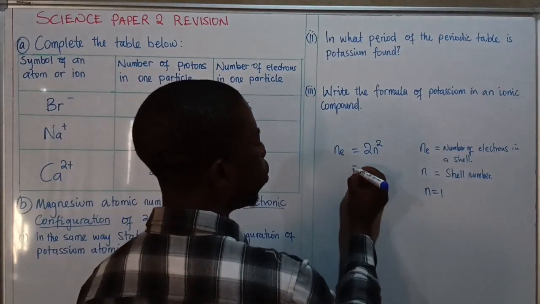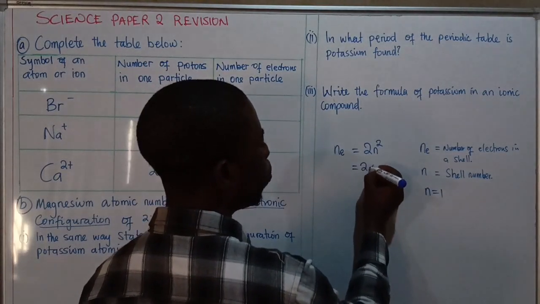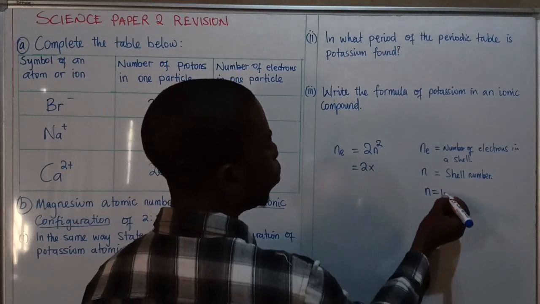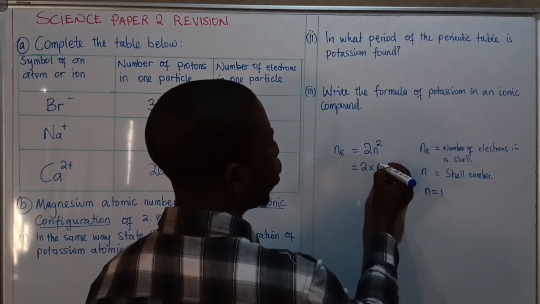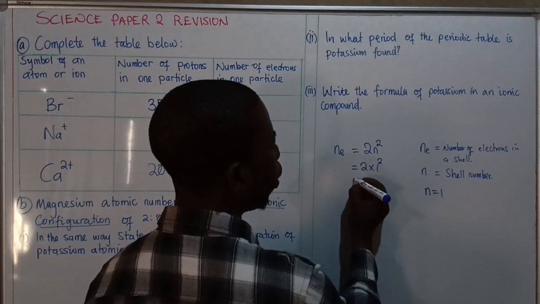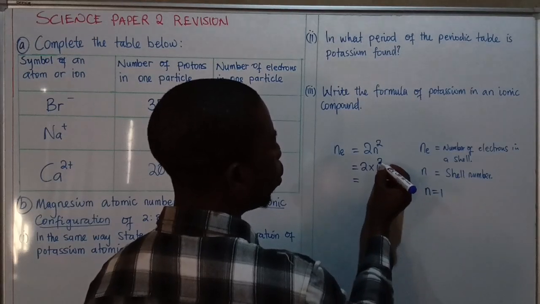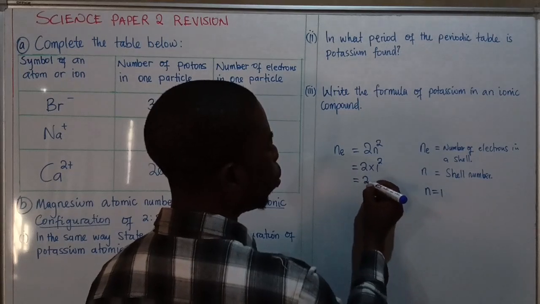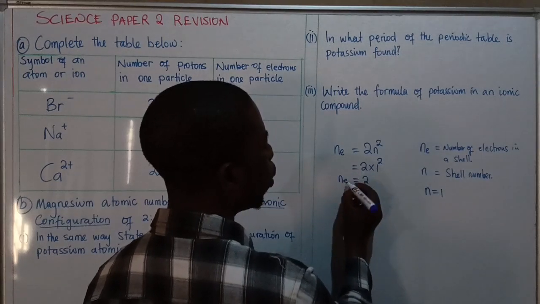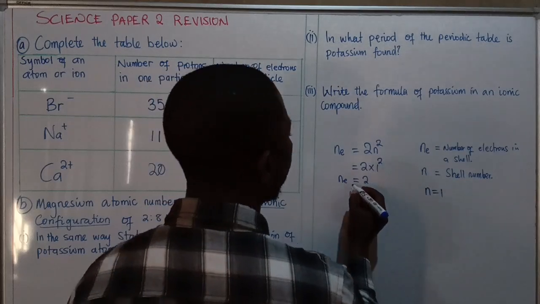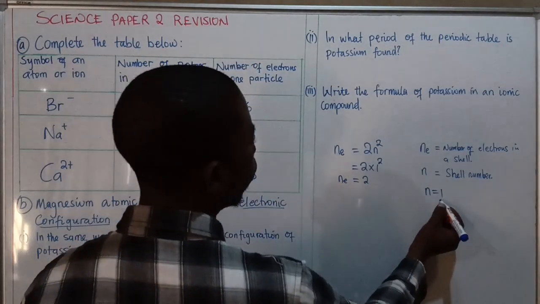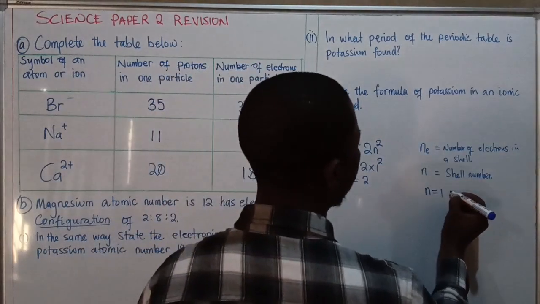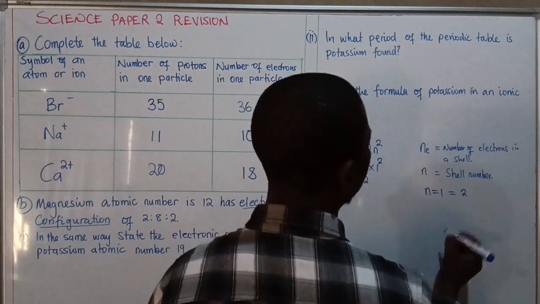You say equals 2 times, where there's n, put 1, then to power 2. Then you say equals 1 to power 2, 1, 1 times 2, 2. So this simply means the number of electrons in shell number 1 should be equal to 2.